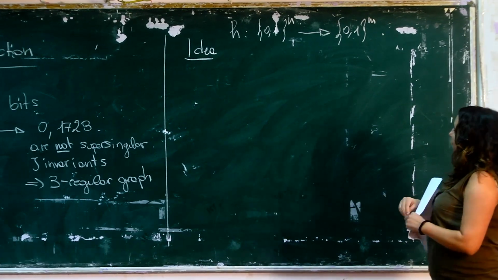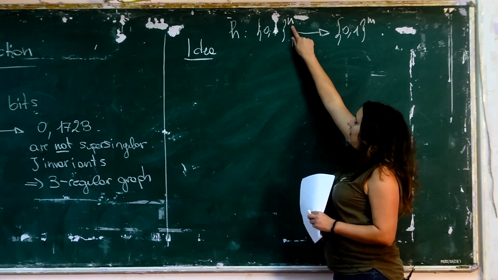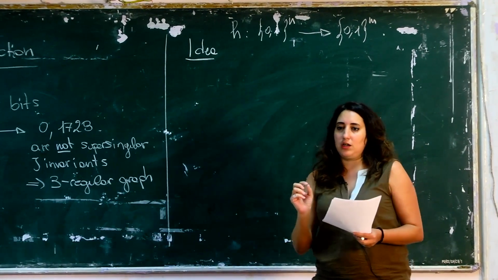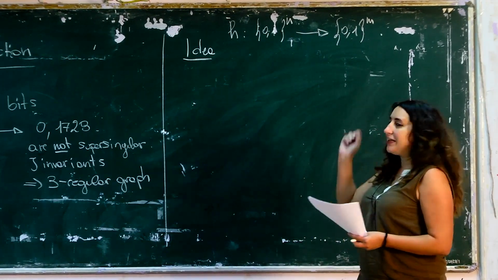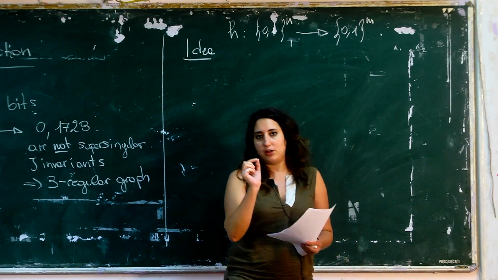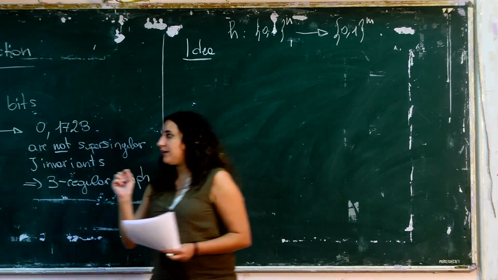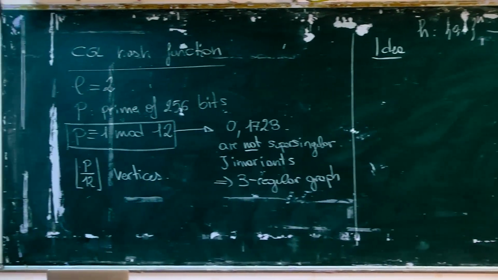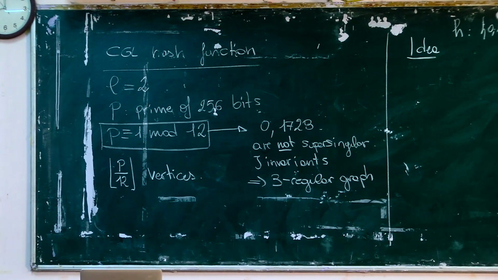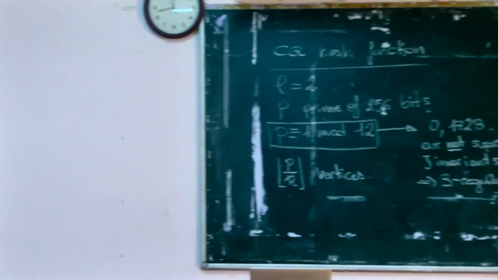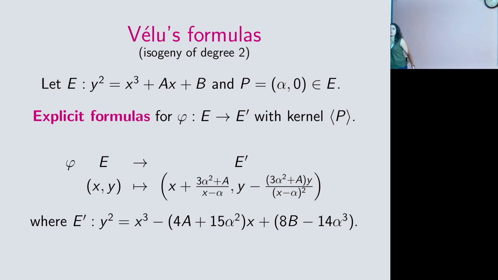So this n is going to be the length of our walk in the graph. Basically, we fix in the graph a starting point, a starting curve, and we're going to take walks of n steps.